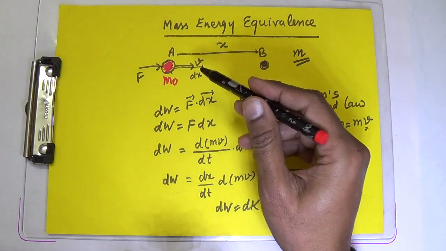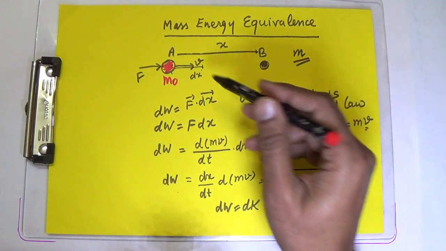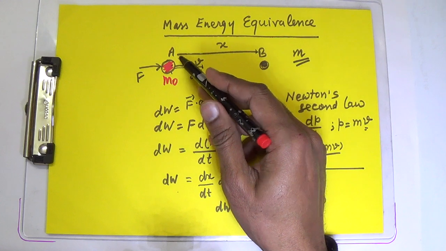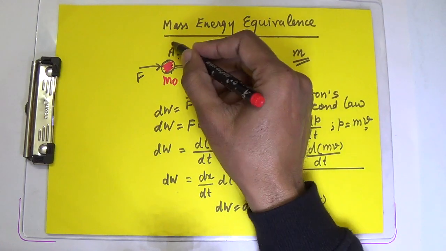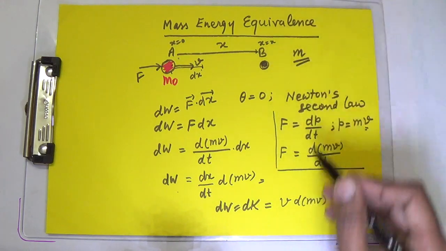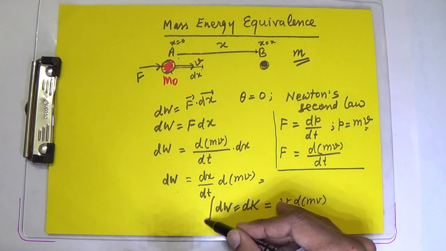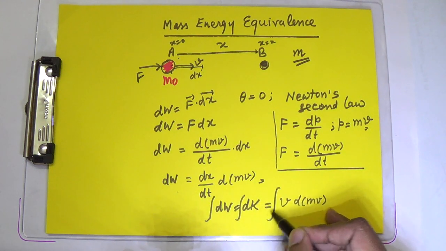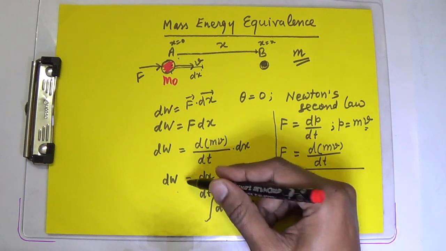And if I want to find out the total work done from point A to B, then I have to integrate it from 0 to x. The limits will be x equal to 0 to this x. So the total work done, that will be the total kinetic energy, will be from 0 to v in this case.